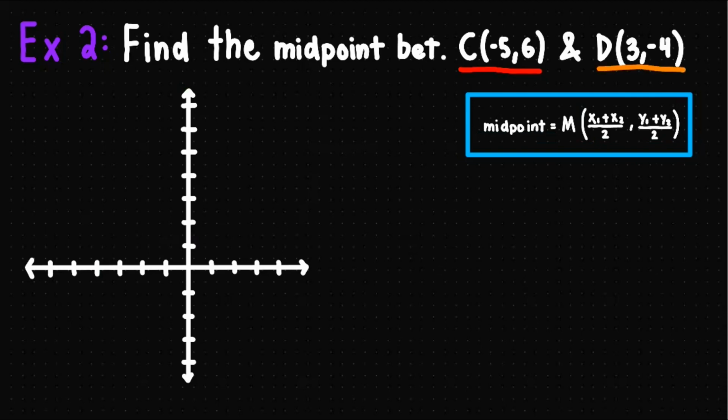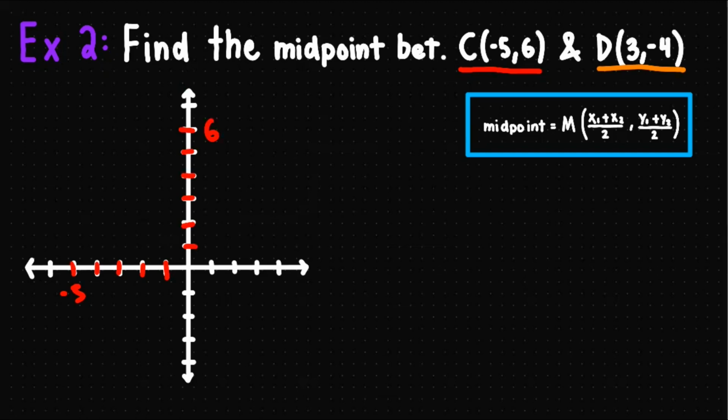So similar to the first one, we try to plot these points in our given Cartesian plane. First, for point C, the x coordinate is -5, so we have 1, 2, 3, 4, 5. And then for the y coordinate, we have 1, 2, 3, 4, 5, and 6.